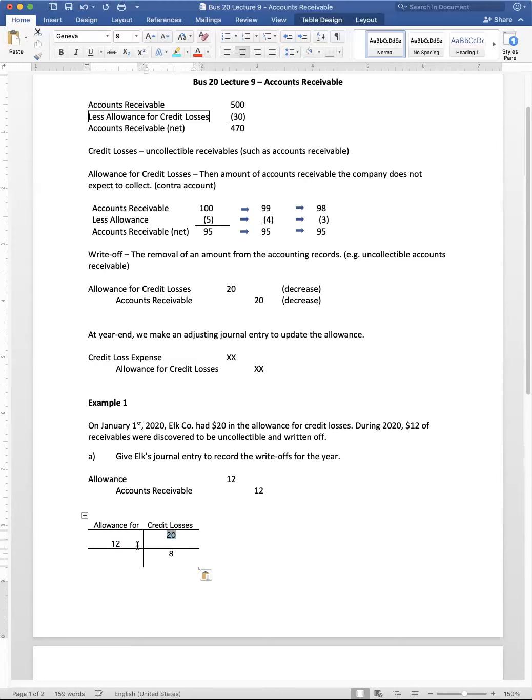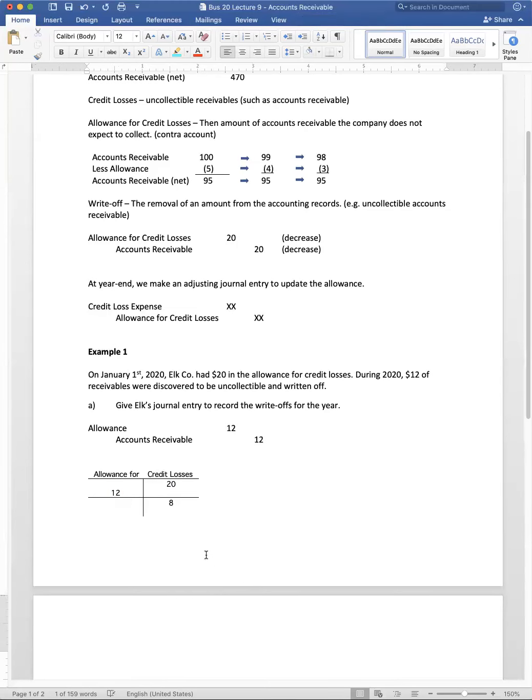What if I guessed 20, but the amount I couldn't get was actually 22, right? Then I'd have a leftover on the debit side. So the leftover could be on either side. But in this case, it happens to be on the credit side. My point here is that there's usually some kind of leftover. Usually the amount we guessed last year and the actual write-offs are different. Okay, all right, let's move on with the question.